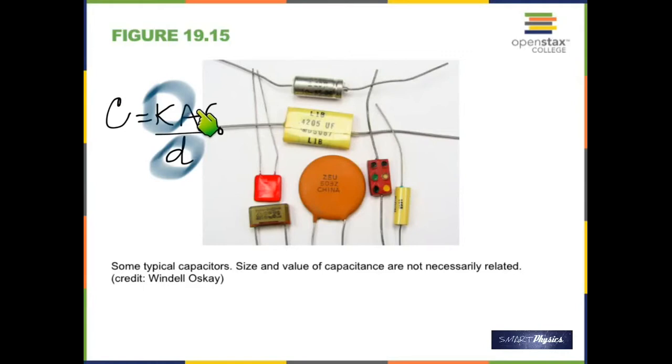And also A is the area of one of the plates. Epsilon naught is called the permittivity of free space, it has a value 8.85 times 10 to the negative 12. D is the distance between the plates. Therefore, if you decrease the distance between the plates, capacitance increases.